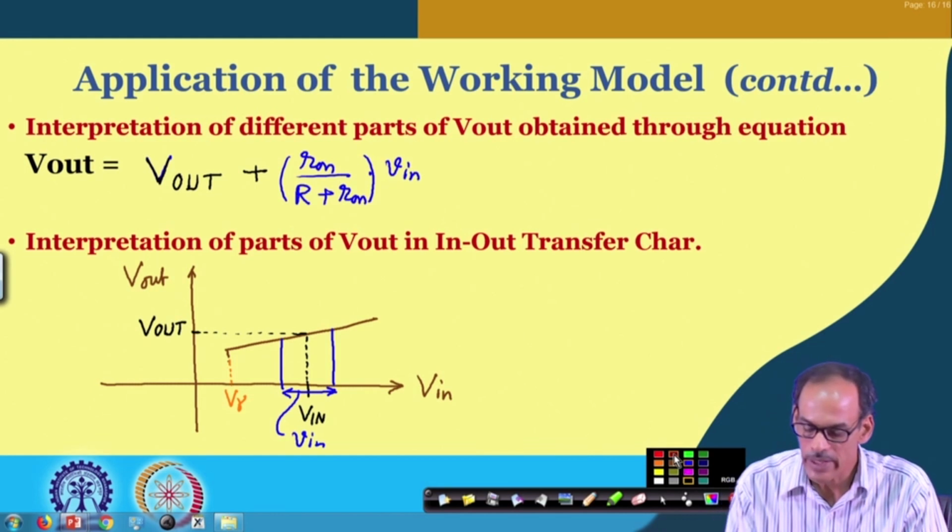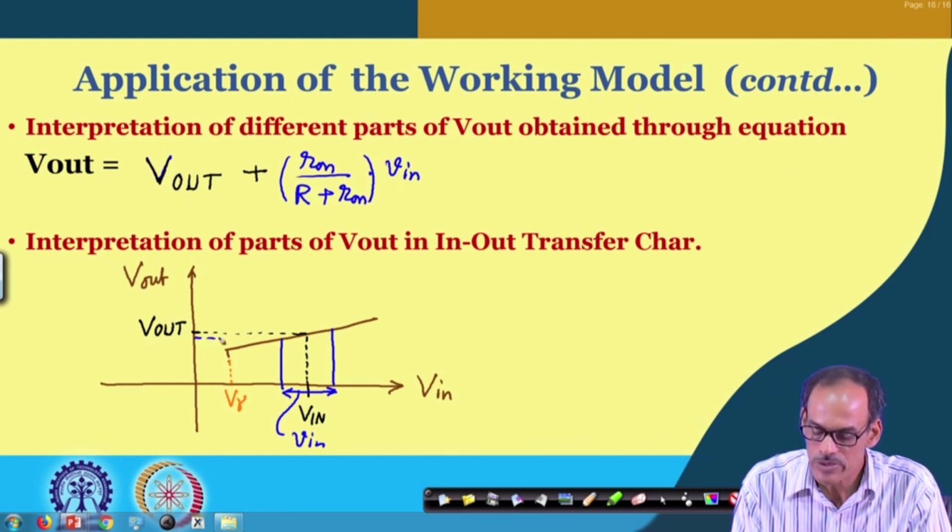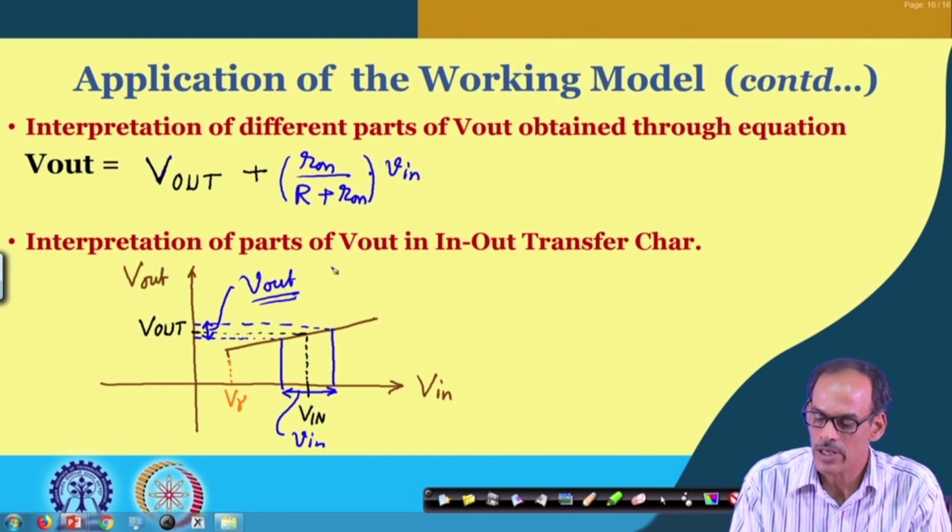And in addition to that, because of this small signal applied at the input, we are also getting a corresponding output. So, here we are getting the small signal output, and this small signal output is given there.